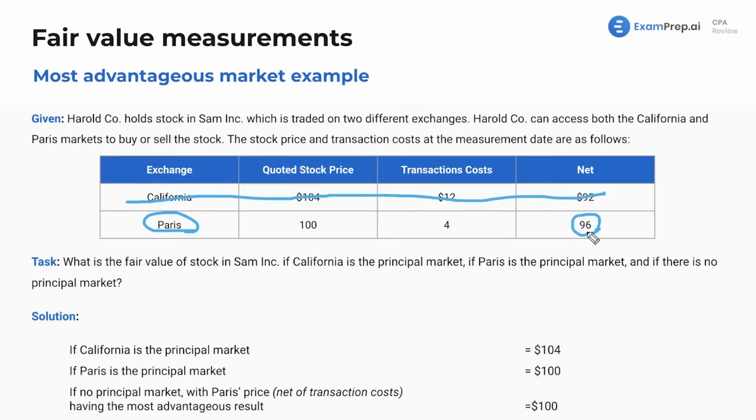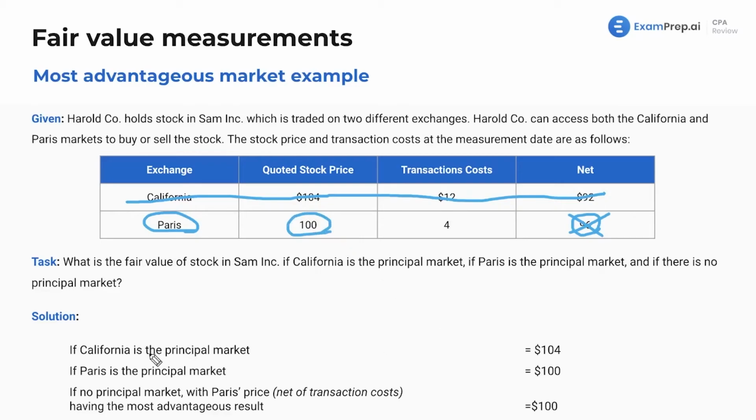With that being said, if the question says, what is the value in the most advantageous market? Step one is find the net amount and decide there. Then we use simply just the quoted stock price, just the actual revenue amount, right?